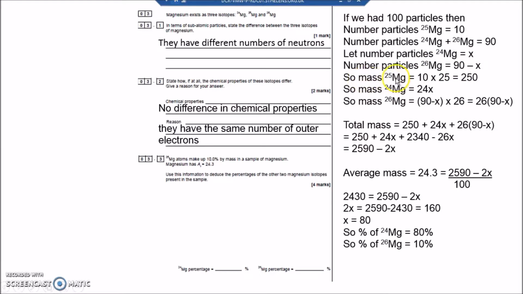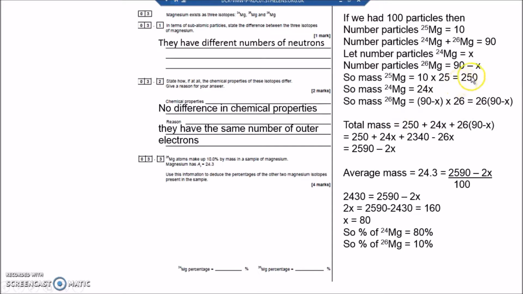So the mass of my Mg25, well, I've got 10 particles, each of mass 25, so a total mass of 250. My 24 Mg, I've got x particles each with a mass of 24, so the mass of those is 24 times x. And for the Mg26, 90 minus x is the number of particles, multiplied by 26, is 26 multiplied by 90 minus x.